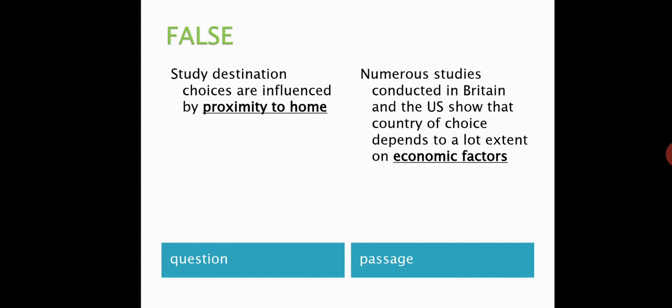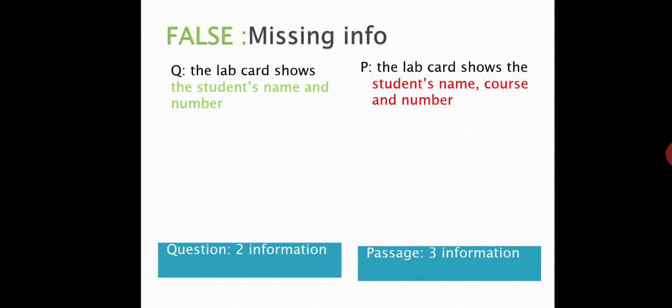See how easy I managed to do this? Diba? So this is exactly what you are expected to do when you deal with false statements like this. Now, another type of false is the missing info. The lab card shows the student's name, according kay question, and number.